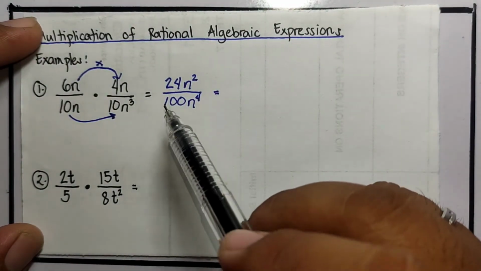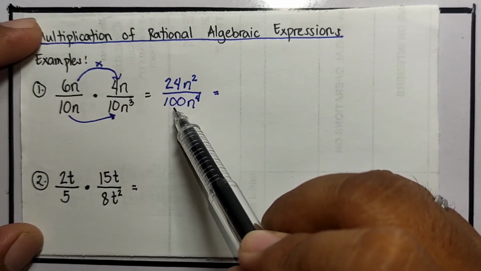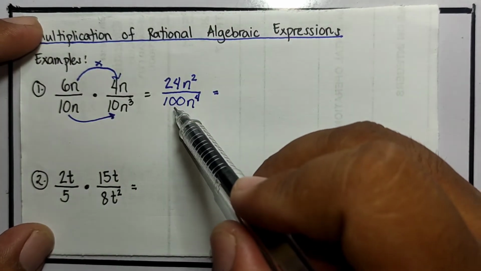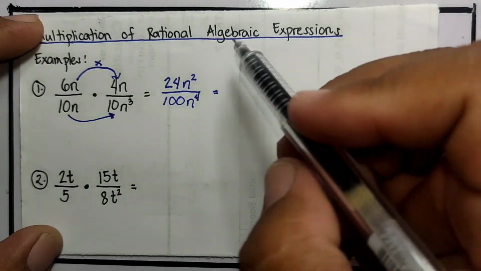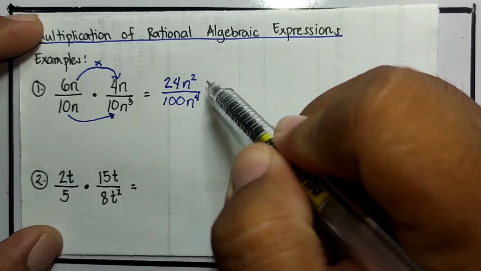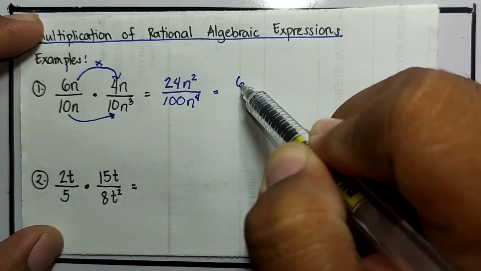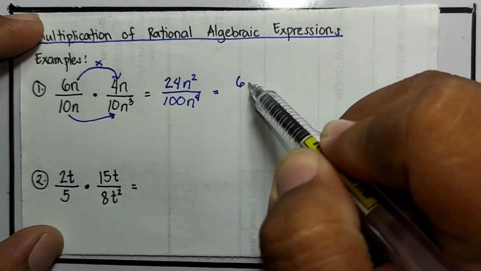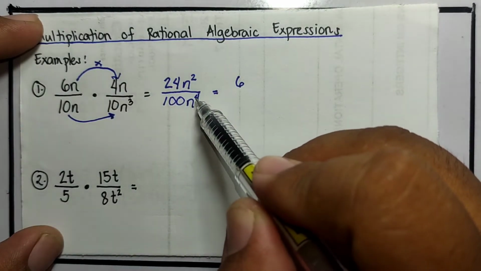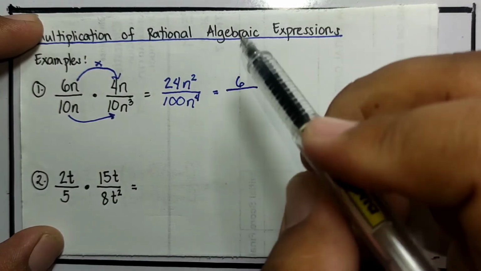Then simplify 24 and 100. Let's divide this one by 4. 24 divided by 4 is 6. Then n squared over n raised to 4, if we simplify that one, wala na tayong n sa baba.